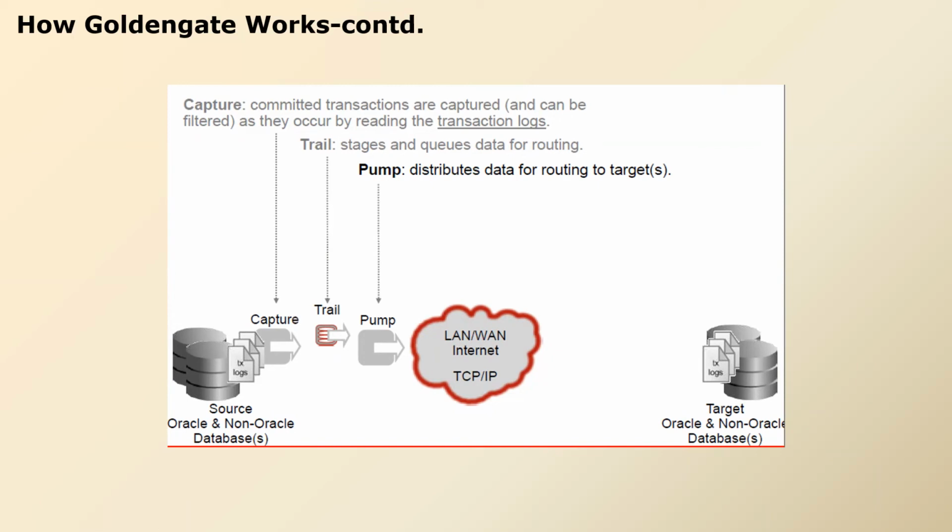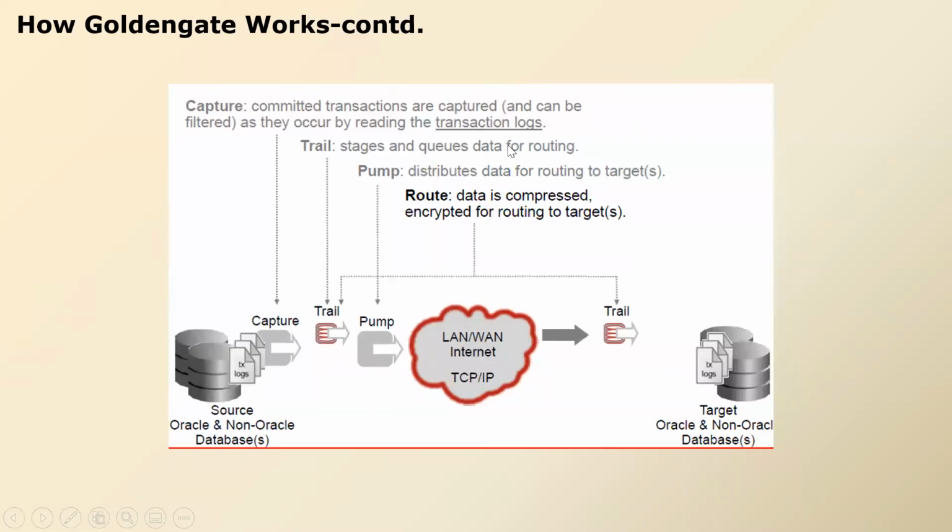Once the data becomes available in the local trail file, the data pump process reads the data from the local trail file, sends it over the TCP/IP network and writes it to a trail file on the target, which is called the remote trail file. So the trail file residing on the target system is called the remote trail file.